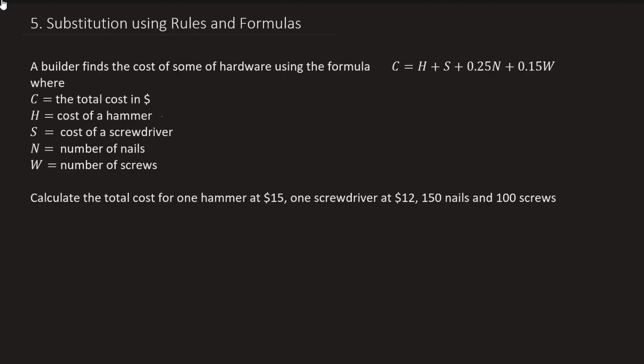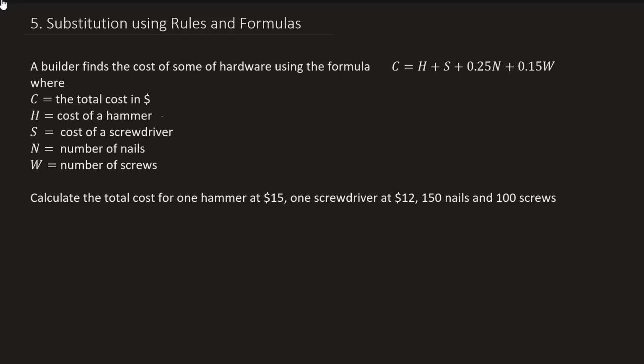Let's have a look at a final problem. A builder finds the cost of some hardware using the formula C is equal to H plus S plus 0.25N plus 0.15W, where C is the total cost in dollars, H is the cost of a hammer, S is the cost of a screwdriver, N is the number of nails, and W is the number of screws.